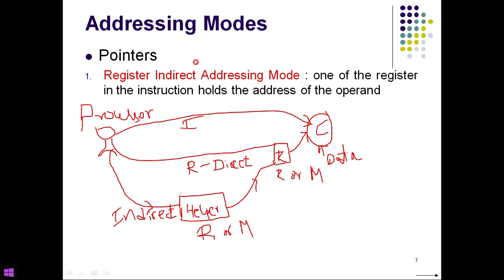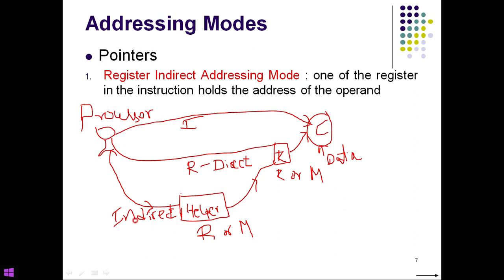So friends, what is happening here? First, the processor will go to a register. This register knows the address where the data is stored. From here it will move to another register wherein the data is stored. That means this register contains the address of the other register, and from this other register we will fetch the data.